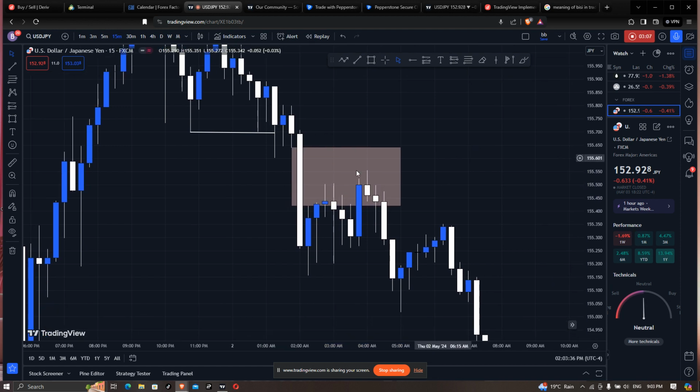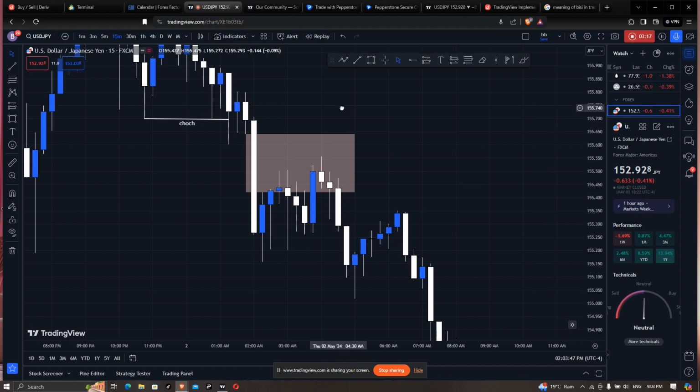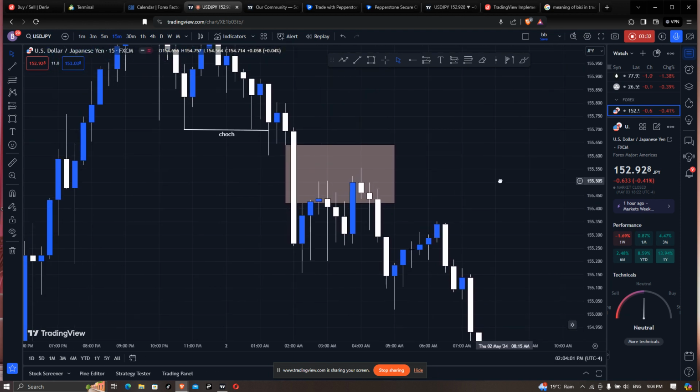So what happens once we had a change of character right here? Let me try and indicate that change of character. Price came down and then tried to rebalance this fair value gap. Price came back to the fair value gap and then dispersed downwards towards the intended direction.